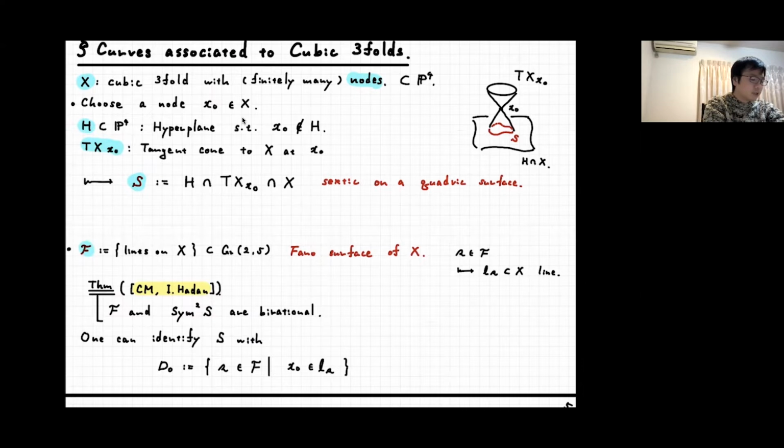Via this birational equivalence, we obtain D naught, given by points s such that x naught is in this line L_s.